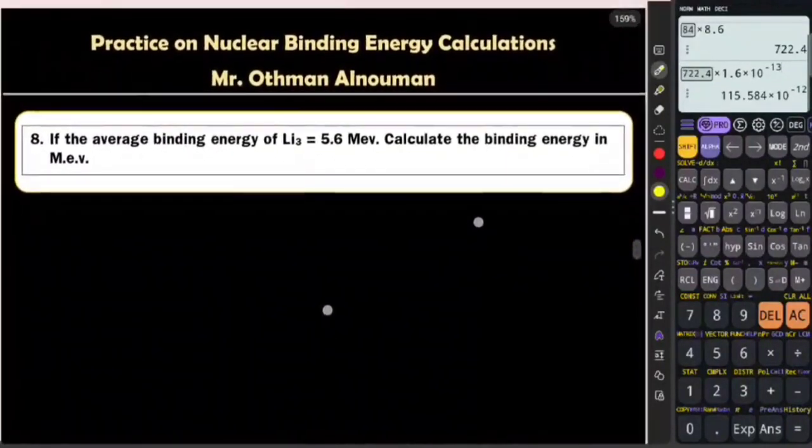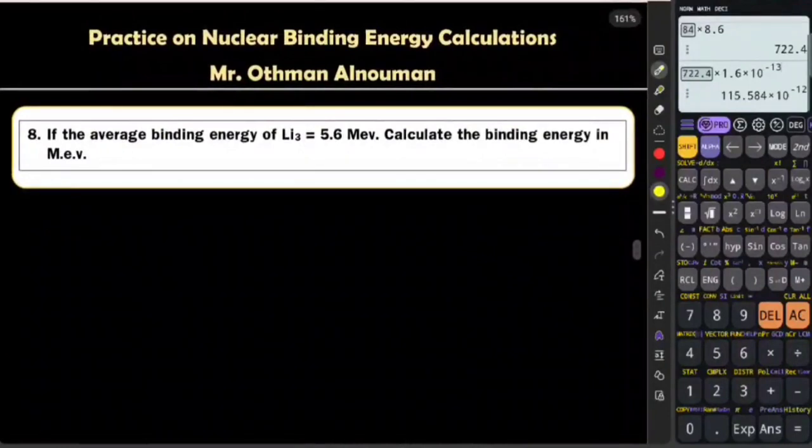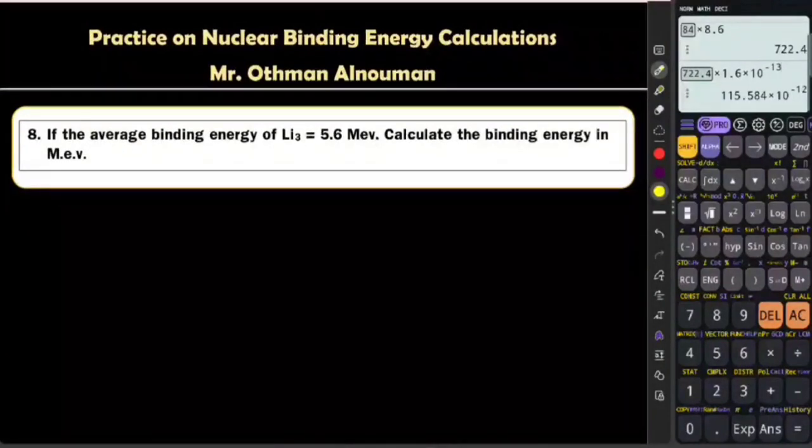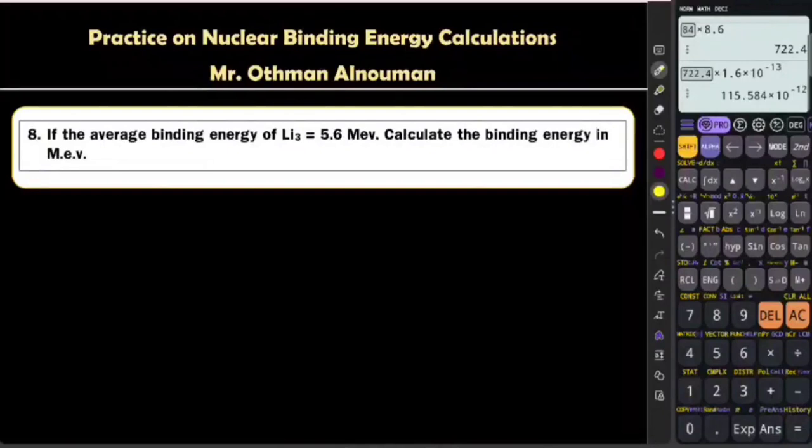Now let's see here. If the average binding energy of lithium, which has atomic number 3, is 5.6, calculate the binding energy in million electron volt. This question is missing the mass number, which should be 7.